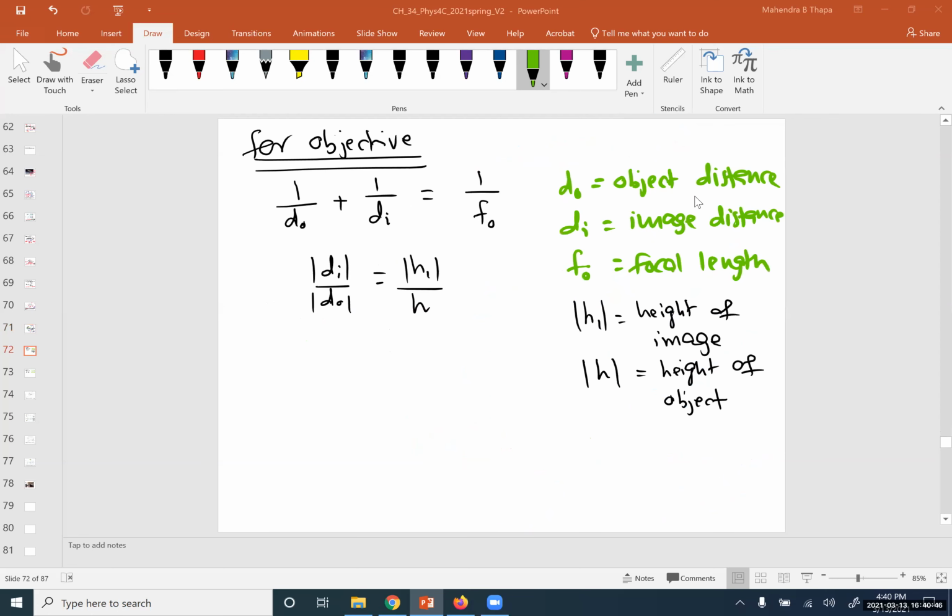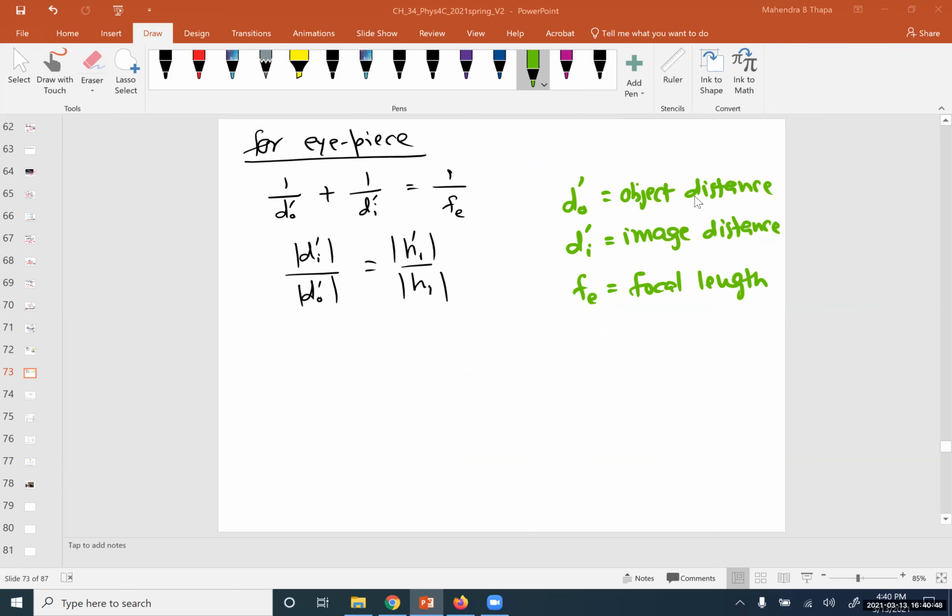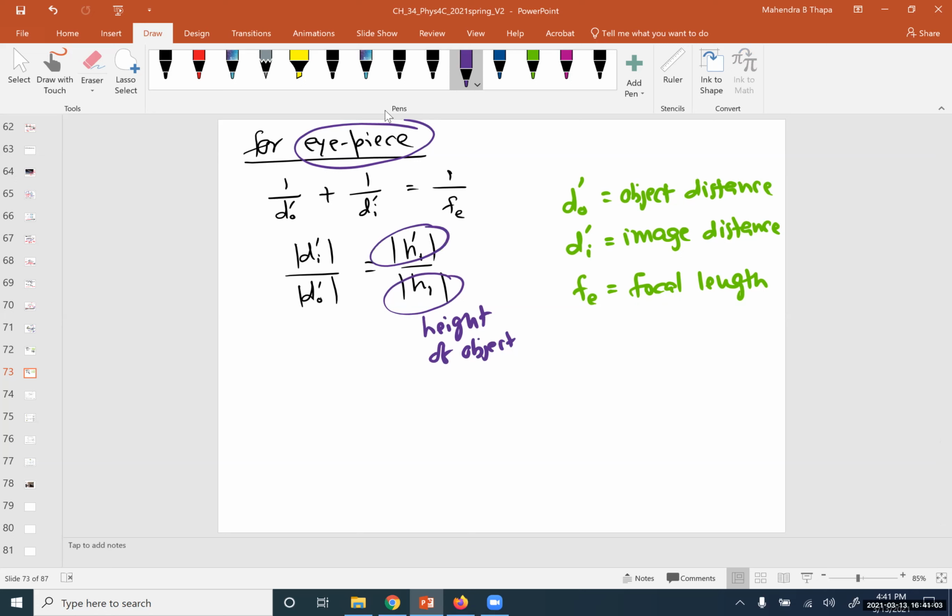So here you have seen that this is the height of object. So this is for the eyepiece, okay? And this will be the height of image.